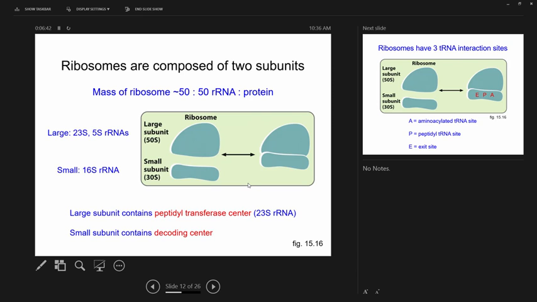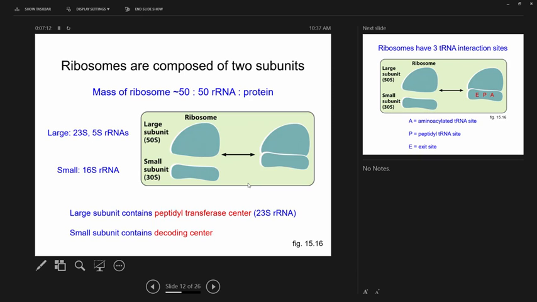So the large subunit in bacteria has 23S and 5S ribosomal RNAs. The small has 16S. And you need to know these because we're going to talk about what the 16S ribosomal subunit does, and I've already mentioned what the 23S ribosomal RNA does in the large subunit, and that is makes the peptide bond form.